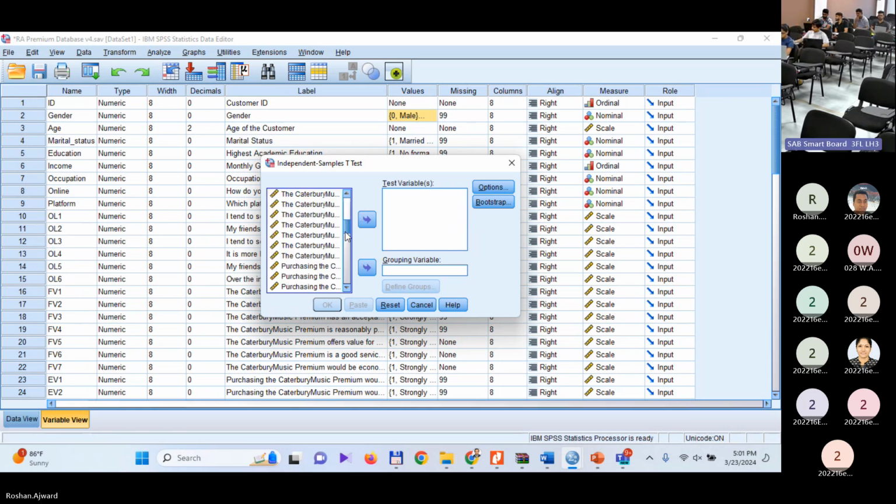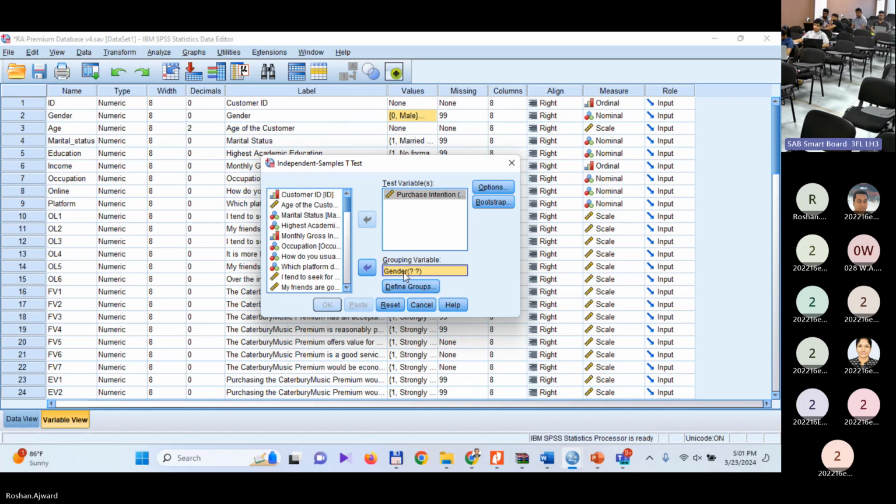Once this dialog box comes, go to purchase intention. You can see here, purchase intention is there, at the very bottom. Then it asks what's the grouping variable? Gender. Gender is there, put it over here. Then it asks how gender is coded. How was gender coded here? 0 and 1. So therefore, define groups.